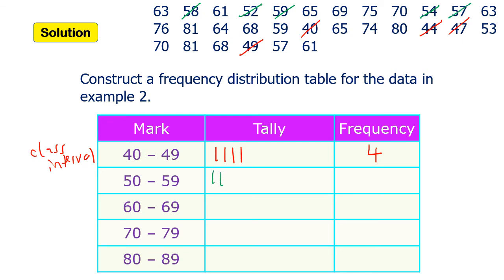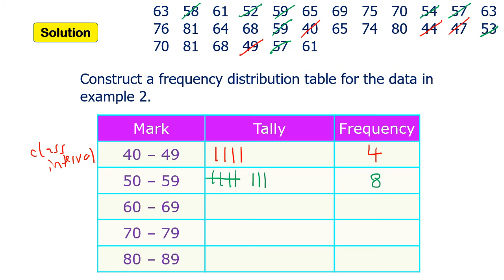So we already have 5 in the first row: 1, 2, 3, 4, 5. And then for the second row, we have another 2. And for the third row, we have 57, 1. So in total we have 5 plus 3, which is 8 for between 50 and 59.